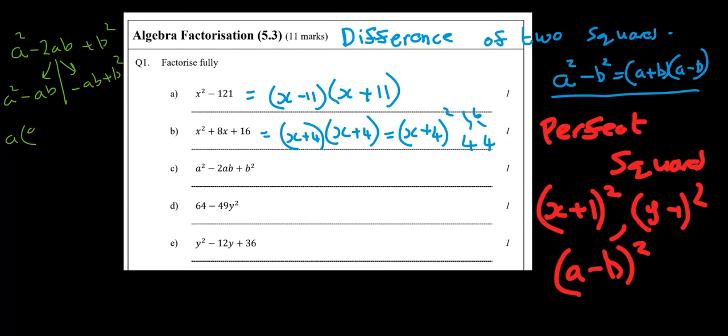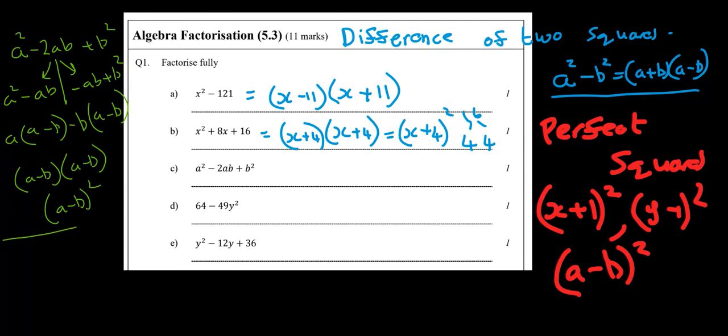Factorize the a's out, take a negative b out there, and we're left with a minus b, which gives a minus b squared.